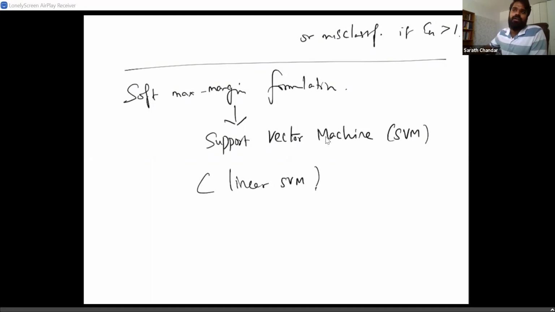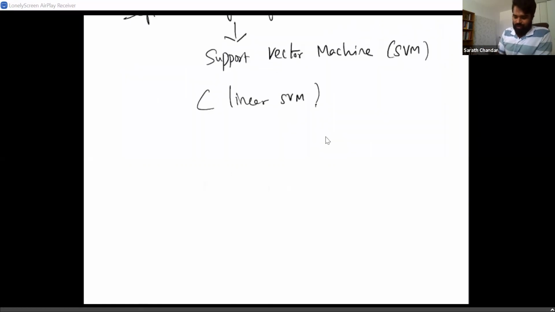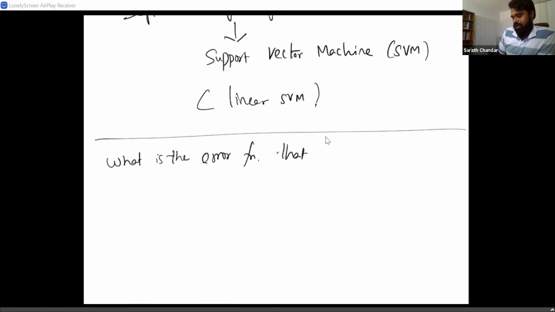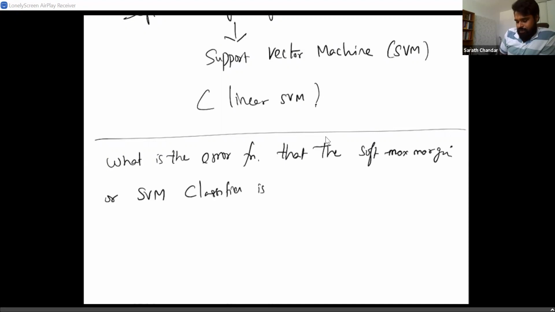Now there's a question. What is the error function that the soft max margin or SVM classifier is trying to minimize?